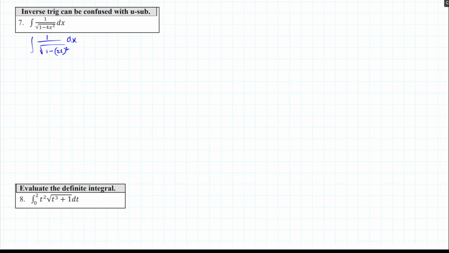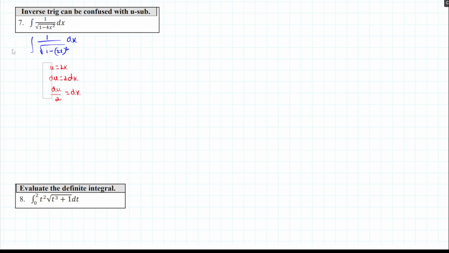Now let's see. This is the derivative of the inverse sine function, but there is an inner function 2x. So we can substitute u equal to 2x here. Then du equals 2 dx, or du over 2 equals dx.